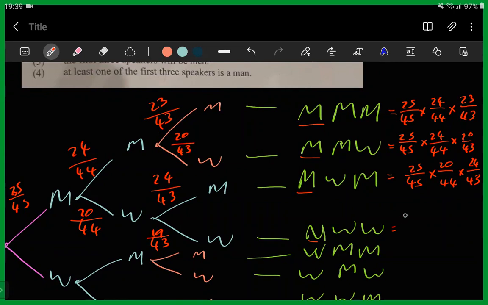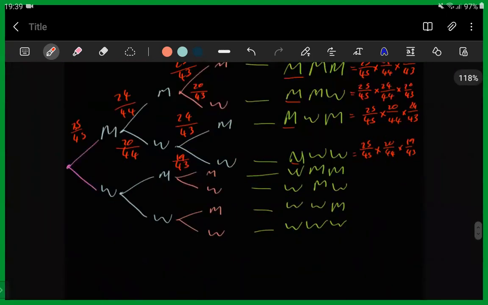This last one, 25 over 45, 20 over 44, 19 over 43. So we're going to add all these together. And obviously you can see in our calculator, we have quite some work to do. Let's see what we can do here.